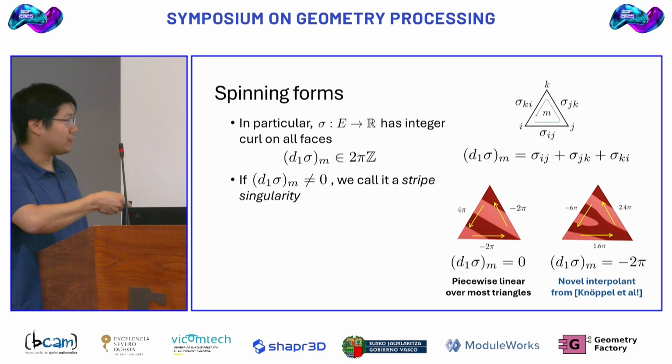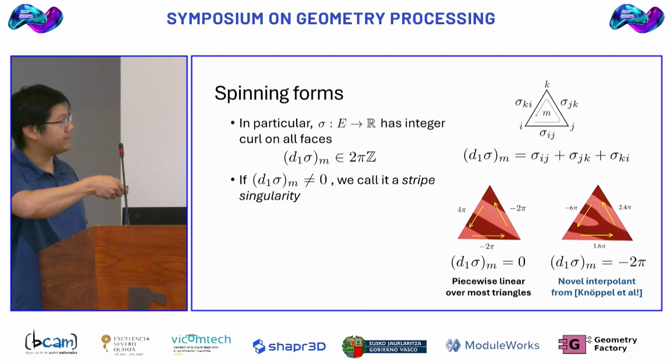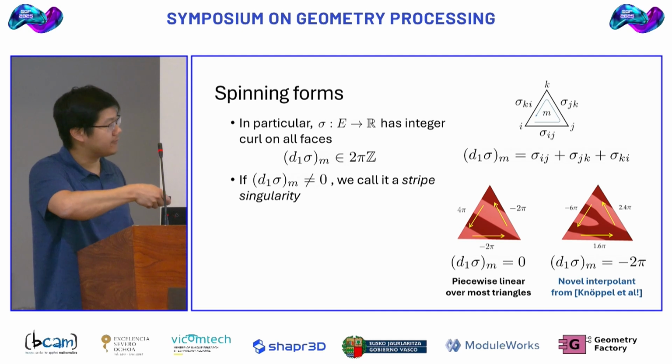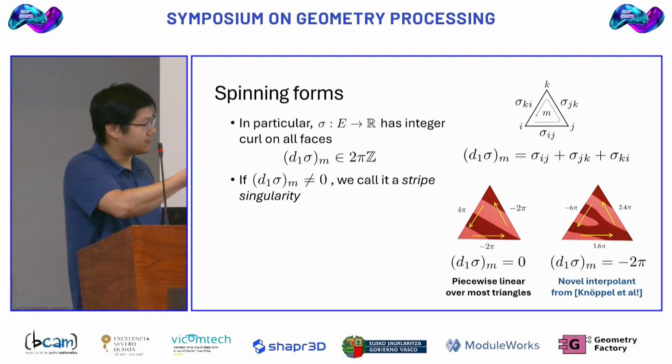I already talked through this before, but we can see here that, as I noted, it sums to 0 on most triangles, it's nice and integrable locally, and you have a piecewise linear function over the triangle. And here, where you have these defects and these births and deaths of stripes, you have non-zero curl, and in particular, integer curl.